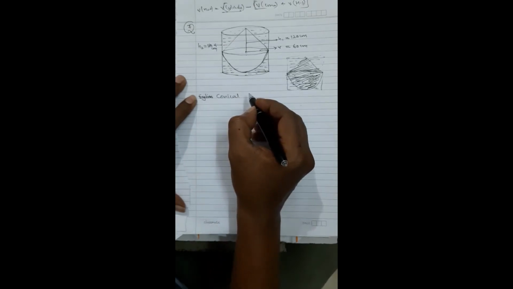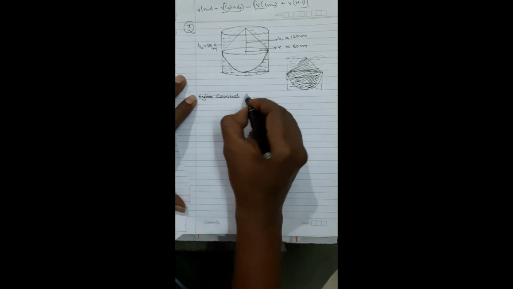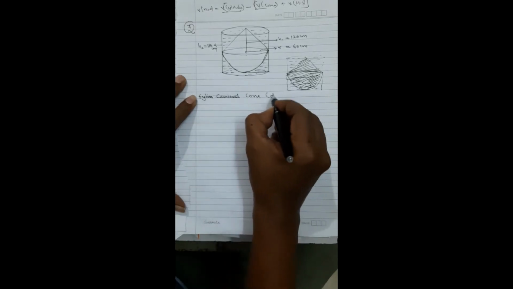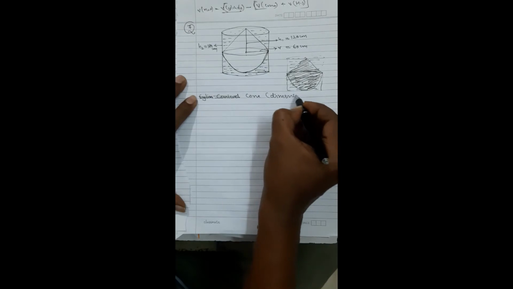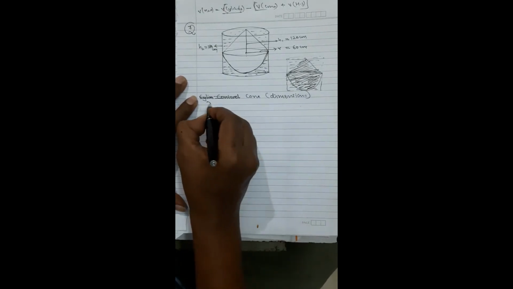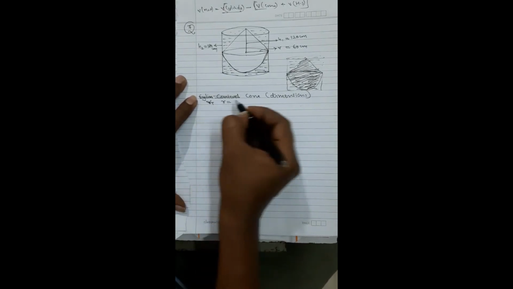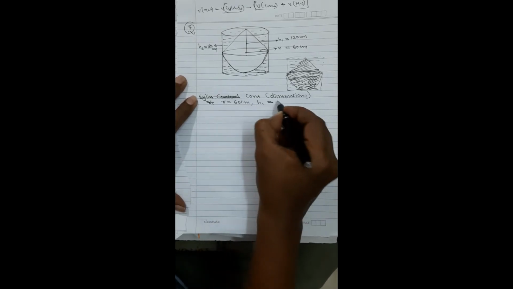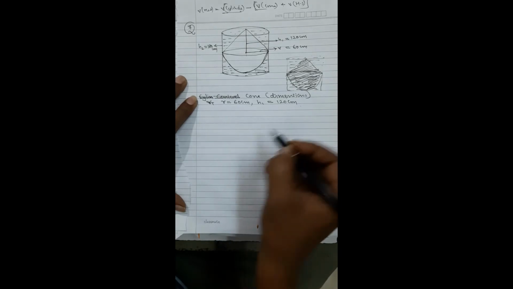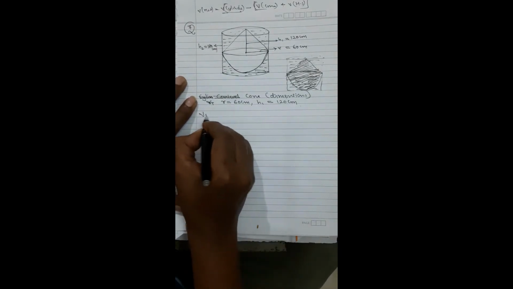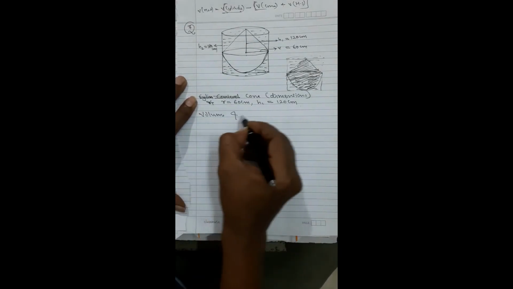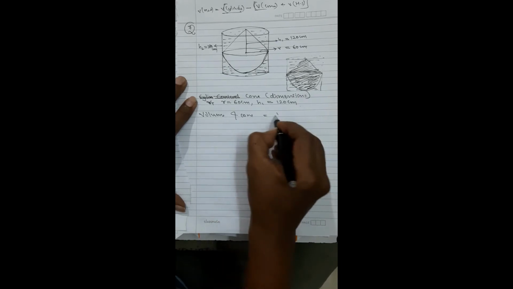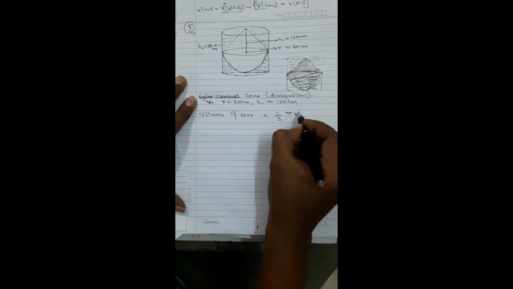Cone, only cone they have told. Cone, dimensions. R is equal to 60 centimeter. H1 is equal to 120 centimeter. So now volume of cone by formula it is going to be 1 upon 3 pi r square h.